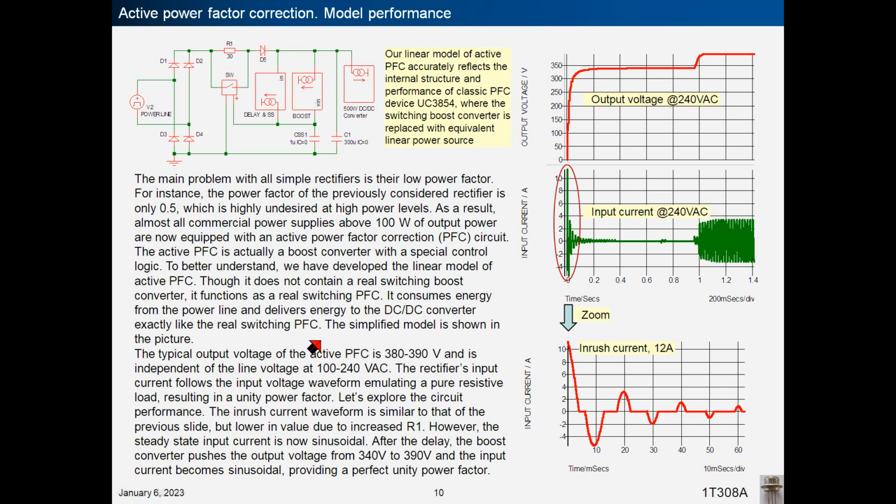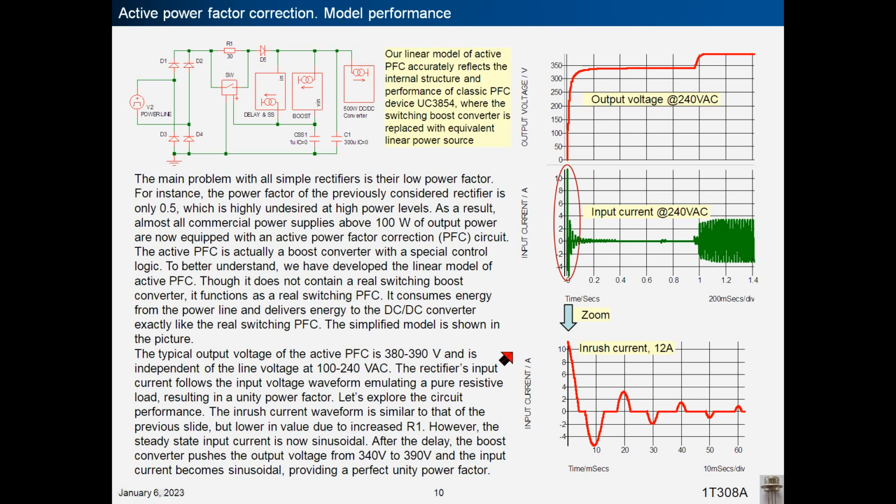The typical output voltage of the active PFC is 380 to 390 volts and is independent of the line voltage at 100 to 240 VAC. The rectifier's input current follows the input voltage waveform, emulating a pure resistive load, resulting in a unity power factor.